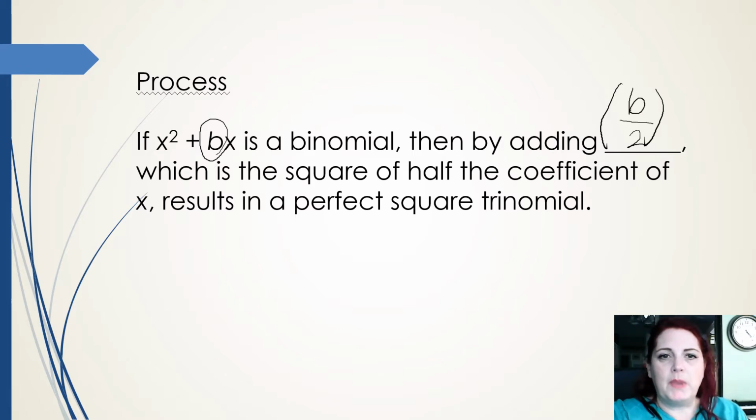So that b over 2 squared is the square of half the coefficient of the x term. And then when we put that all together, it makes a perfect square trinomial.